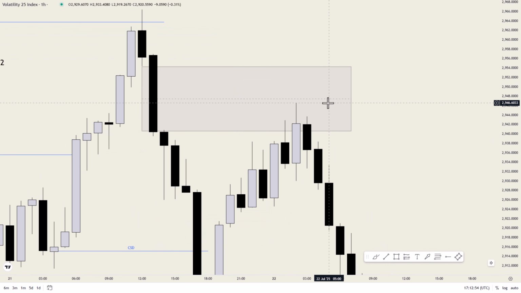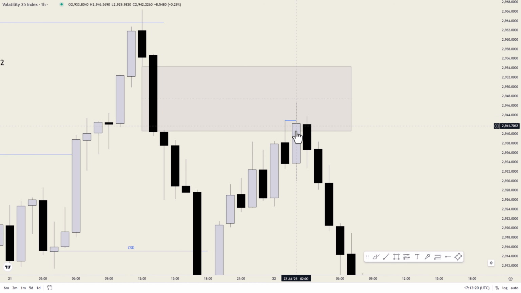Now, price created a protected high, because we see that inside the fair value gap, price created that swing point I showed you on the daily time frame. This is candle 1 and this is candle 2. Candle 2 entered into the fair value gap, sweeping liquidity above candle 1 and then closed inside the range of candle 1.